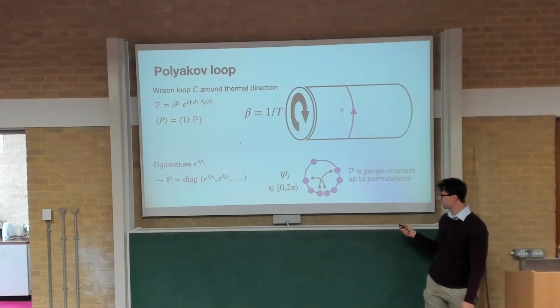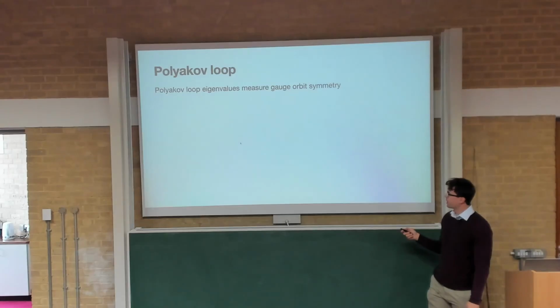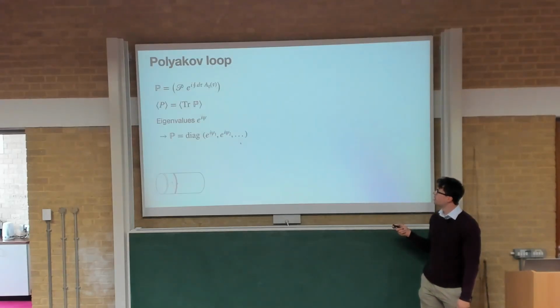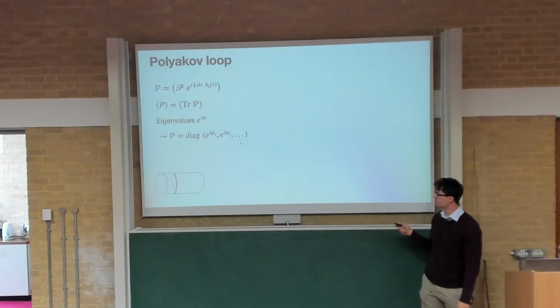So this is telling us something physically meaningful about the phase and the state that we're in. In fact, what it tells you precisely is a measurement of how much of the gauge symmetry is residual in the system. I'll explain that now.